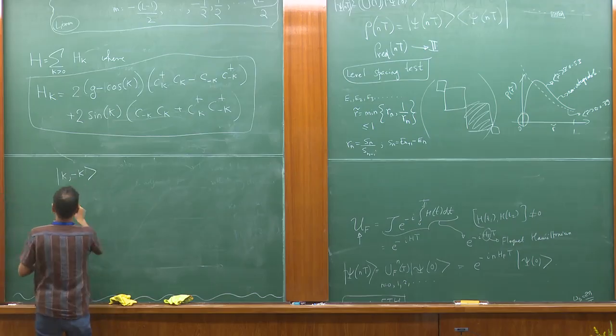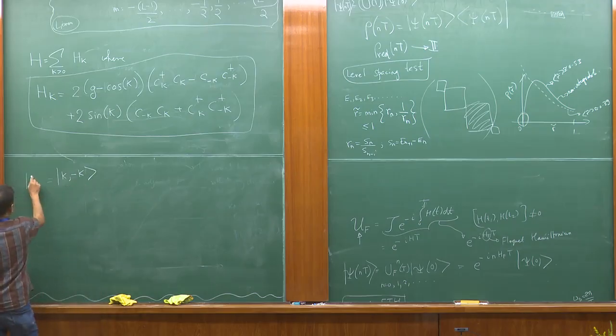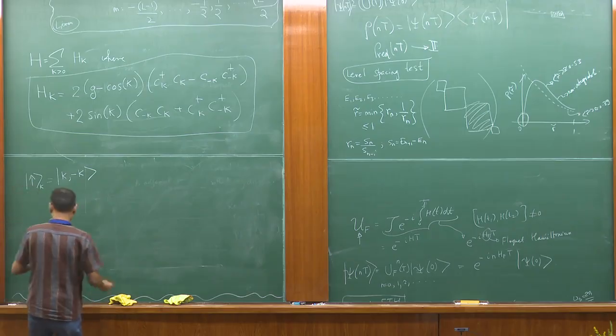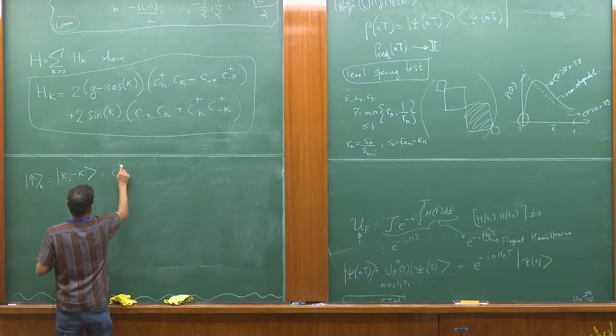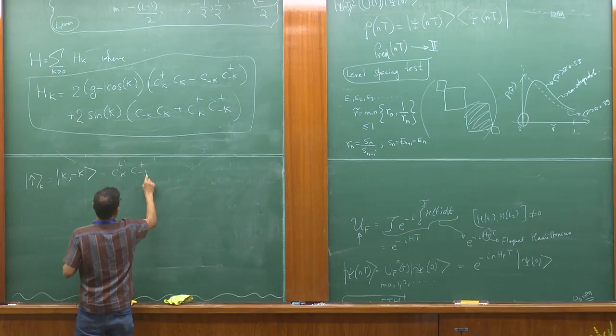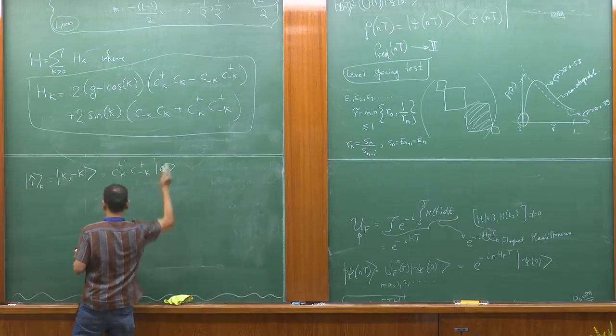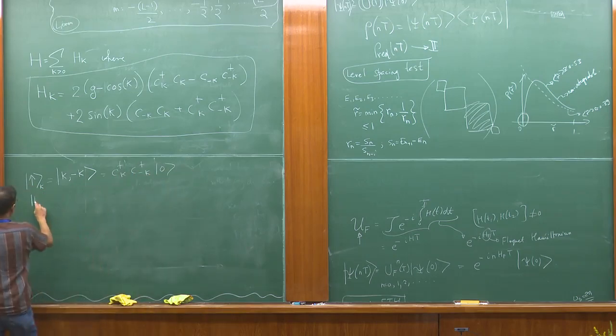So I denote k and minus k being occupied together as an up spin, because I already told you it's a pseudo-spin representation, so there is an sz equal to plus half, and an sz equal to minus half. So this is my up spin, and in the fermionic language it is just this state, and there's a down spin, which is just the vacuum of fermions.